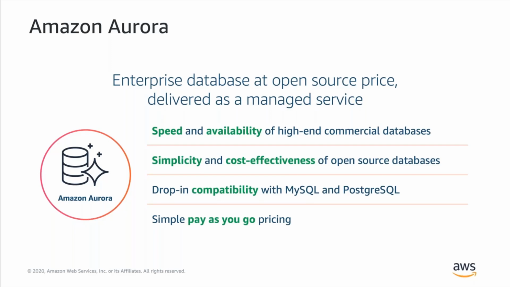We designed it to deliver the speed and availability of high-end commercial databases with the simplicity and cost profile of open source databases. It's drop-in compatible with both MySQL and Postgres, and has a very simple pay-as-you-go pricing model, all of this delivered as a managed service.